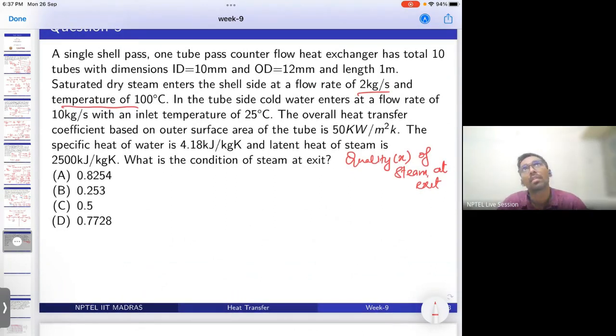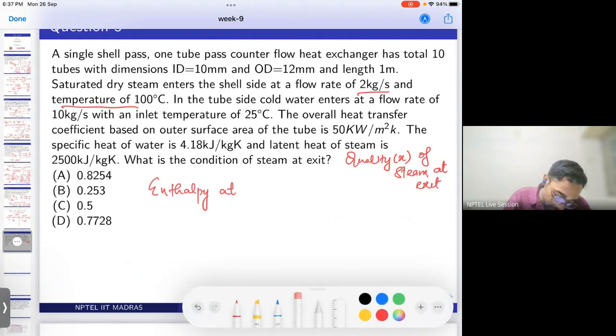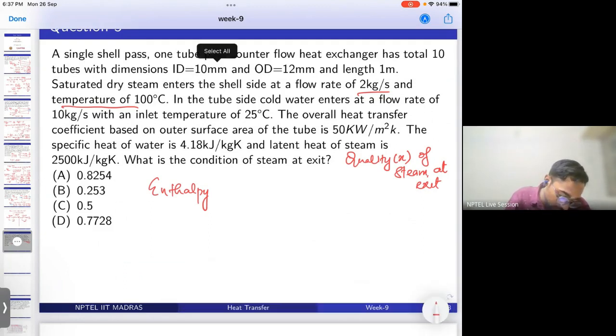So the enthalpy of inlet steam, the enthalpy of steam at inlet, that is m dot steam into hg.